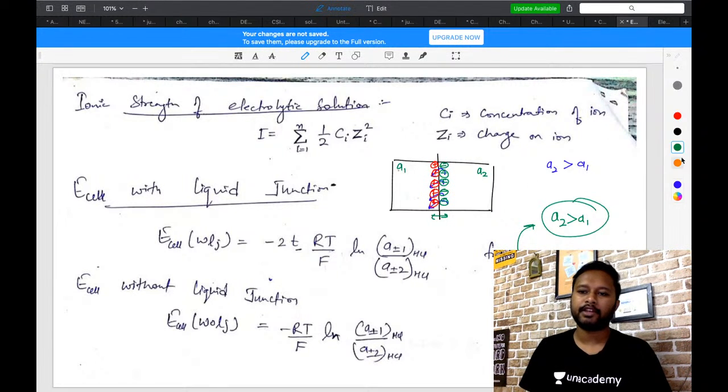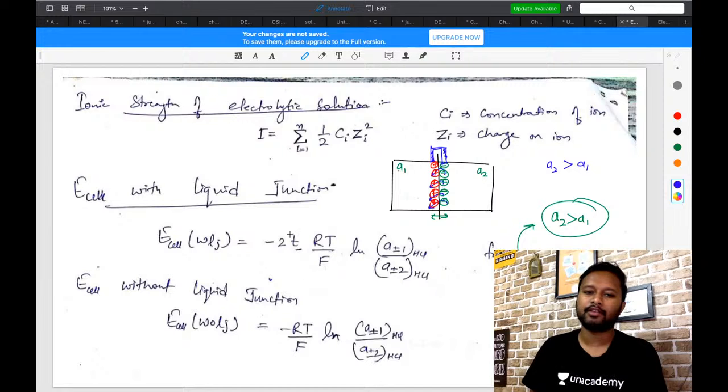Now this liquid junction can be removed. You can remove this liquid junction very easily if you just put a salt bridge here. That salt bridge is going to neutralize the charges at the junction. So E without liquid junction potential is going to be minus RT upon F ln A1 upon A2.